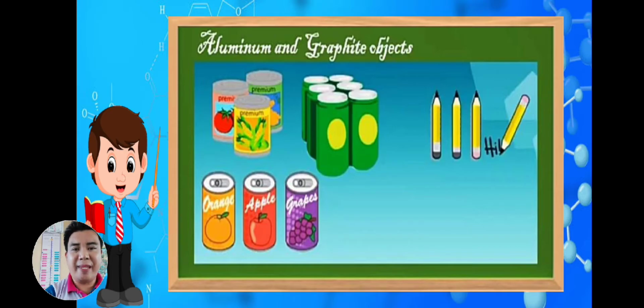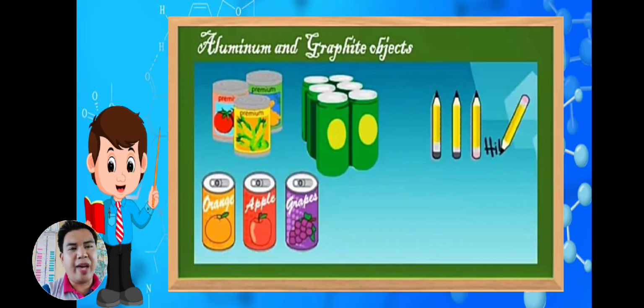Okay, have you ever visited the department store? Have you been in 7-Eleven where you can see some of these products or drinks such as orange, apple, grape flavor in cans that are made from aluminum, or aluminum jars?